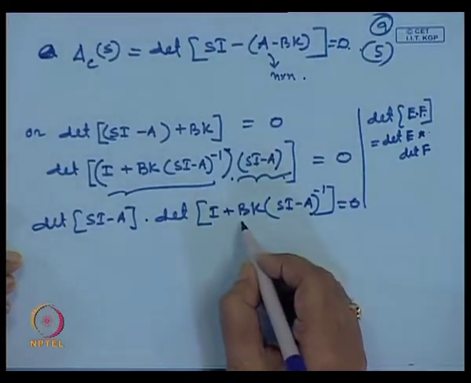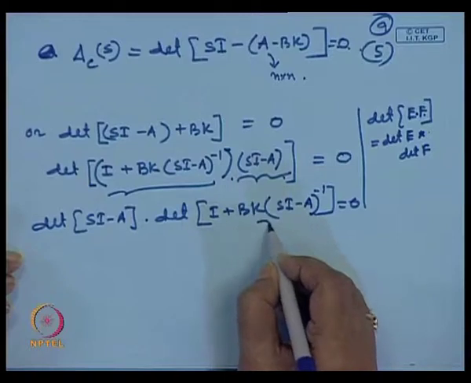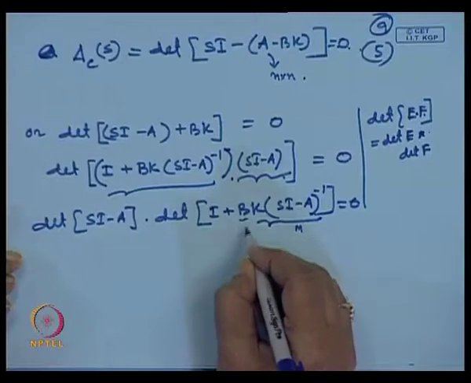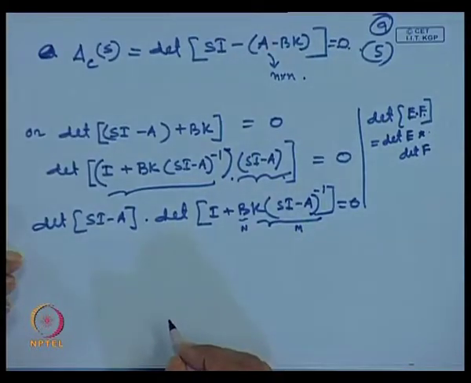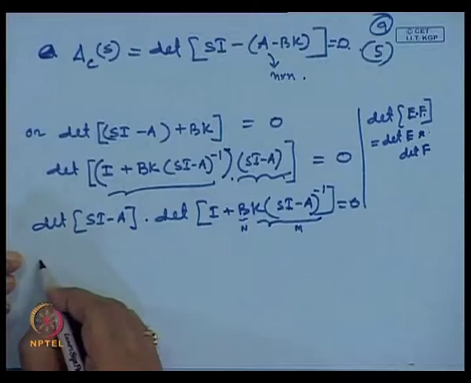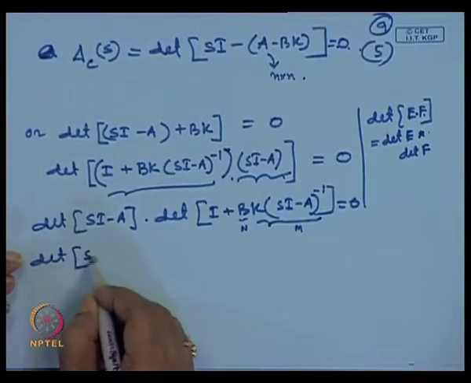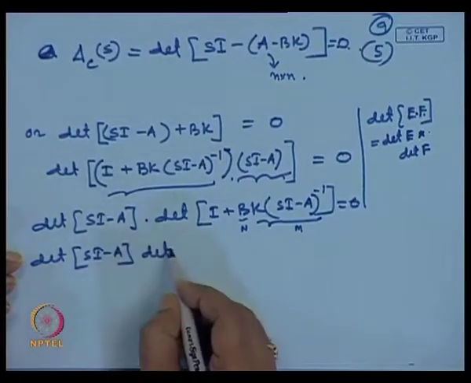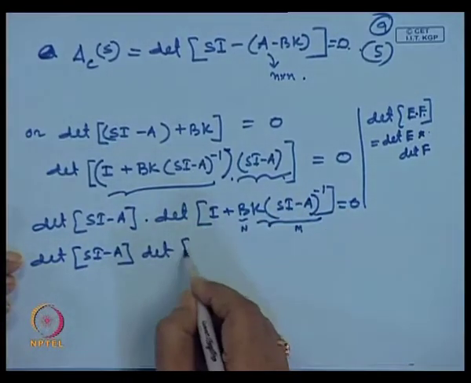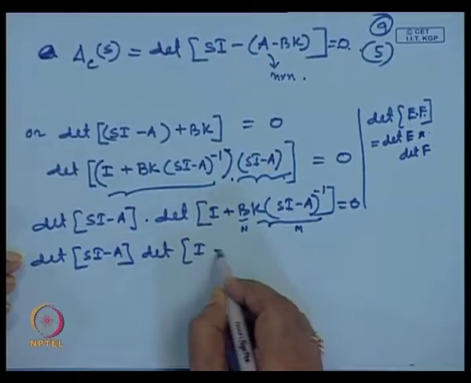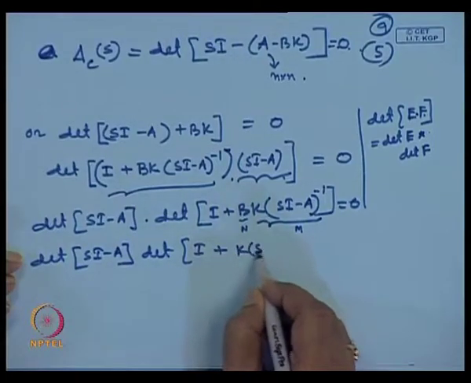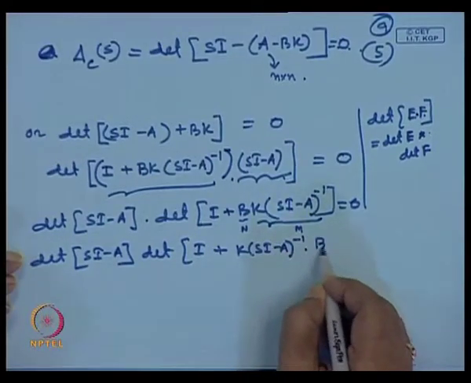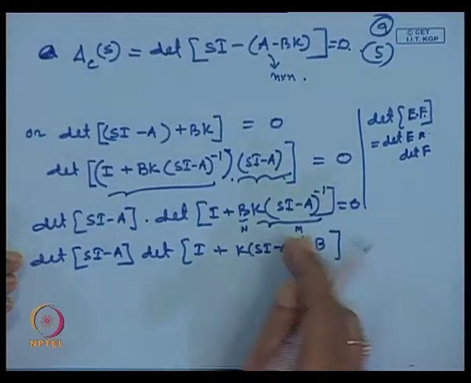Now let us consider this as m and this as n. Once again I can write the determinant of I plus k (s I minus A) whole inverse into B. So the order is reversed.